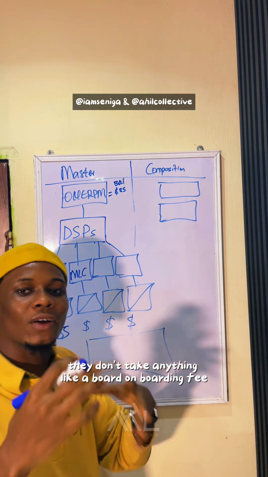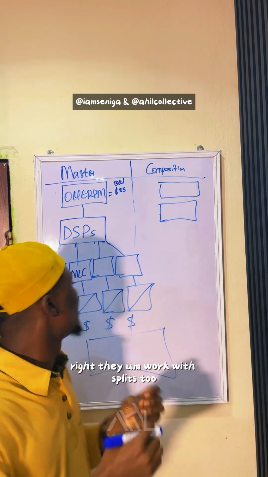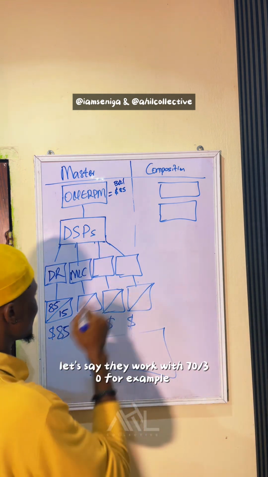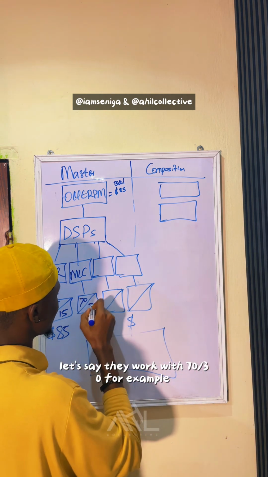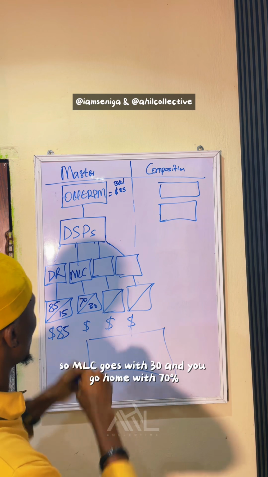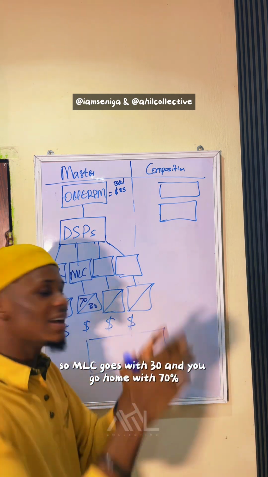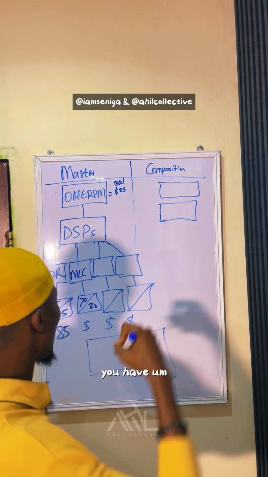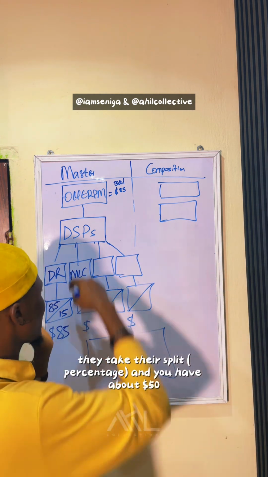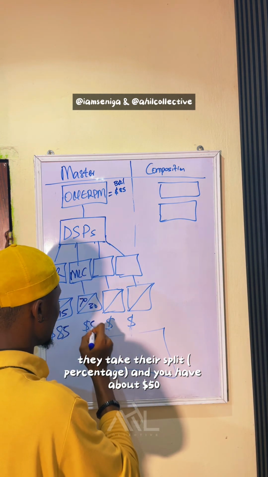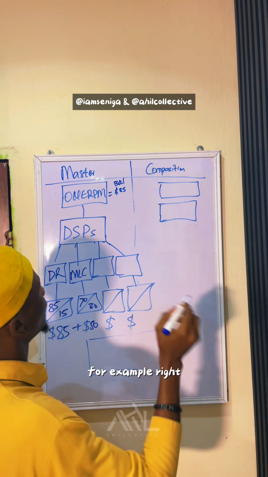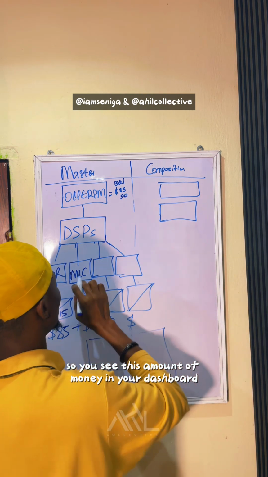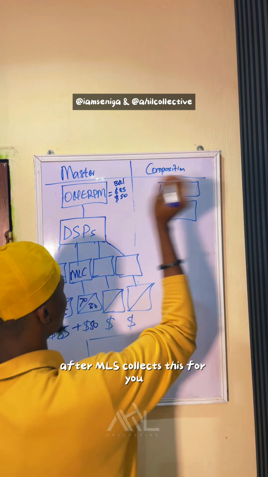They don't take anything like an onboarding fee. They work with splits too. Let's assume for this exercise it will be 70-30, for example. So MLC goes with 30 and you go in with 70%. At the end of the day, after they take their split, you have about $50, for example. So I make sure I add this to my bank. You see this amount of money in your dashboard after MLC collects this for you.